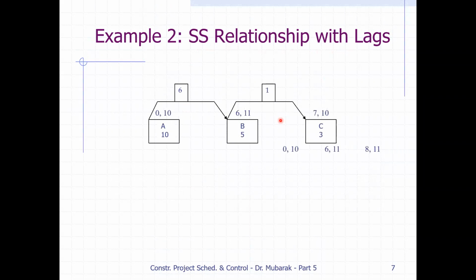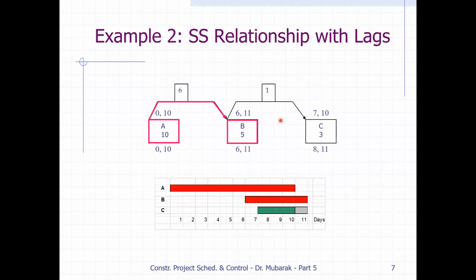So the same scenario we have here, and we make all of them get started on day 0, but we're giving them lags this time. The sub-base activity won't start until the 6th day, or within the 6 days period, this activity B can get started.